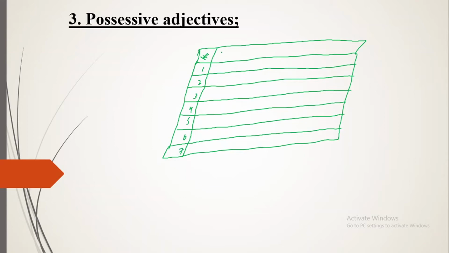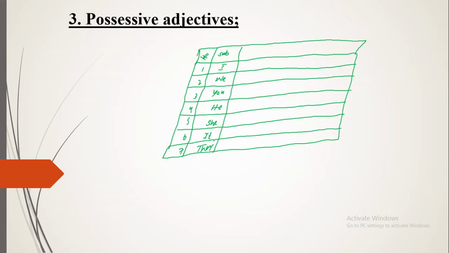I told you the first case is known as the subjective case. The cases are 4. The first one was subjective, like I, we, you, he, she, it, and they. They are 7 in number and cases are 4.